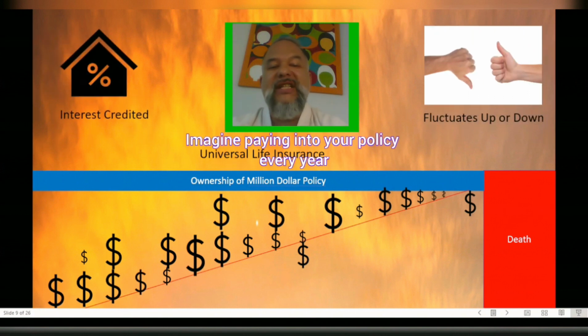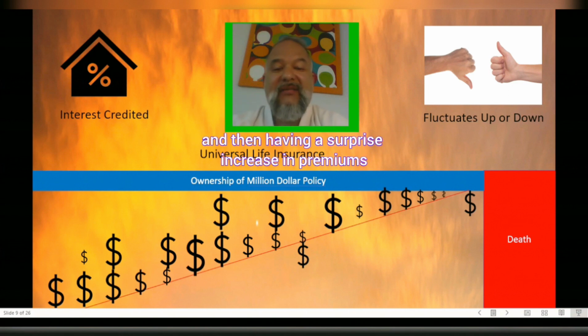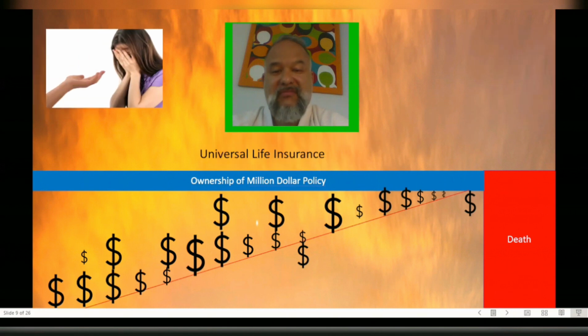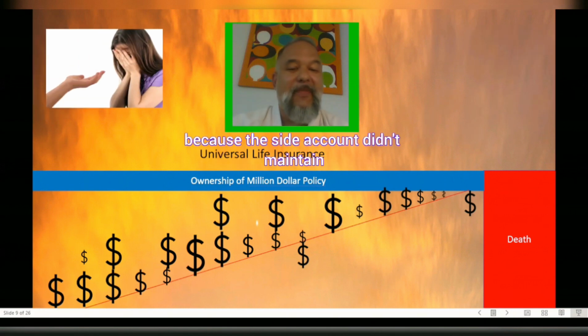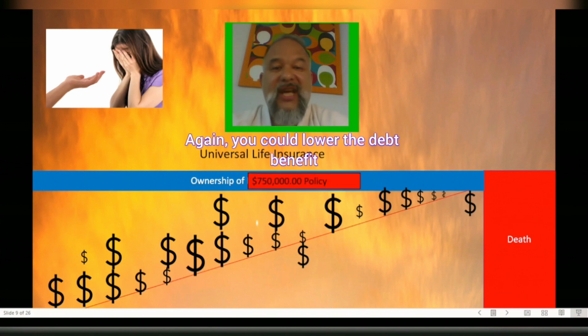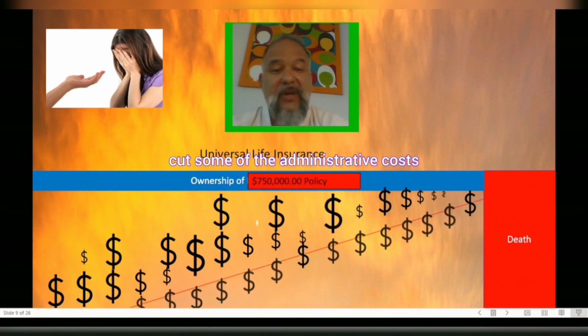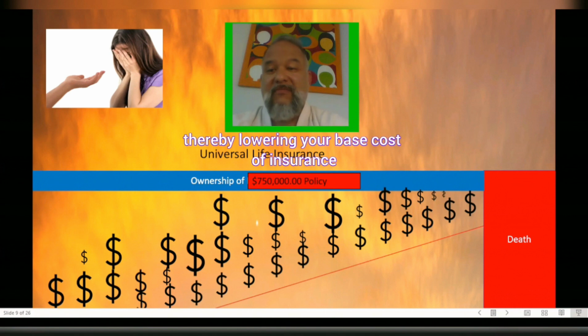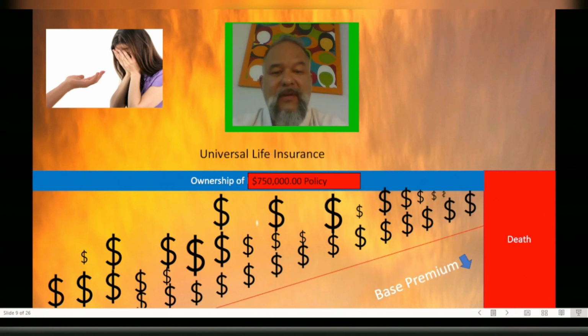Imagine paying into your policy every year as stipulated in the contract for decades, and then having a surprise increase in premiums because the side account didn't maintain a large enough reserve. Again, you could lower the death benefit, cut some of the administrative costs, thereby lowering your base cost of insurance.